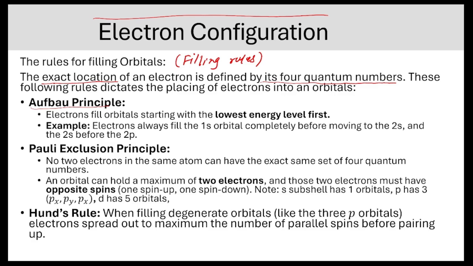This is the energy rule, and basically what it says is that electrons are lazy, and they will always occupy the orbital with the lowest available energy first before moving to a higher energy level.